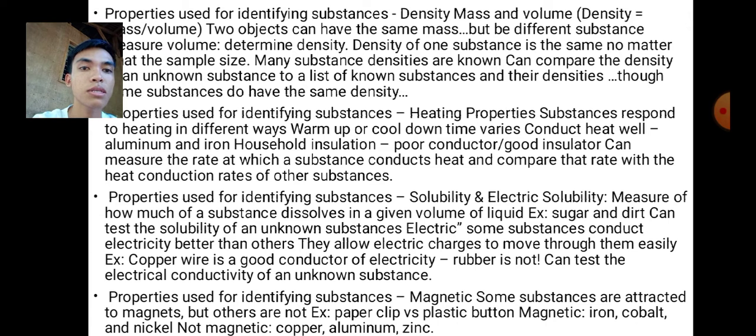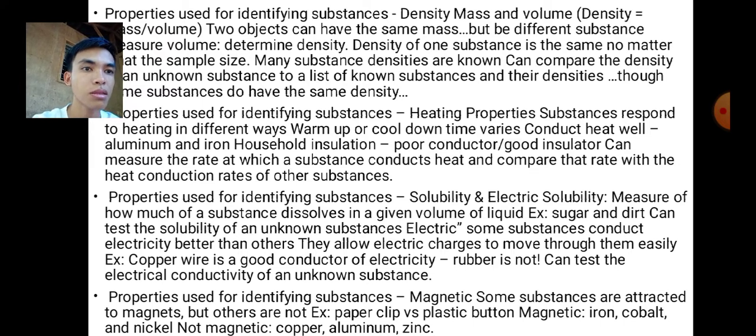Some substances conduct electricity better than others. They allow electric charges to move through them easily. For example, copper wire is a good conductor of electricity.